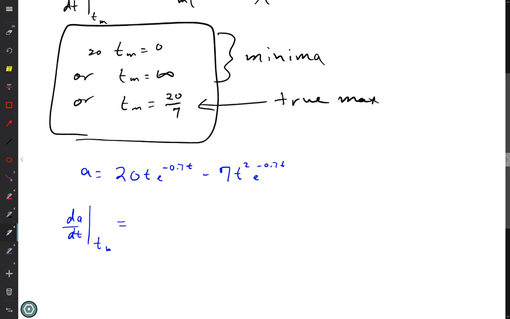So the first one, product rule. Second one, again, product rule.